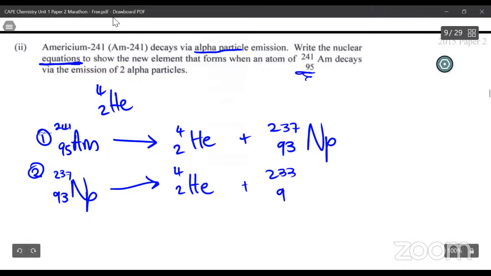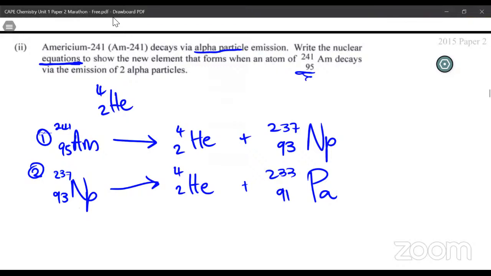Now which element on the periodic table would have the atomic number 91? That's protactinium, it's Pa. So if you write those 2 things, you get your full marks. That's all you have to do.